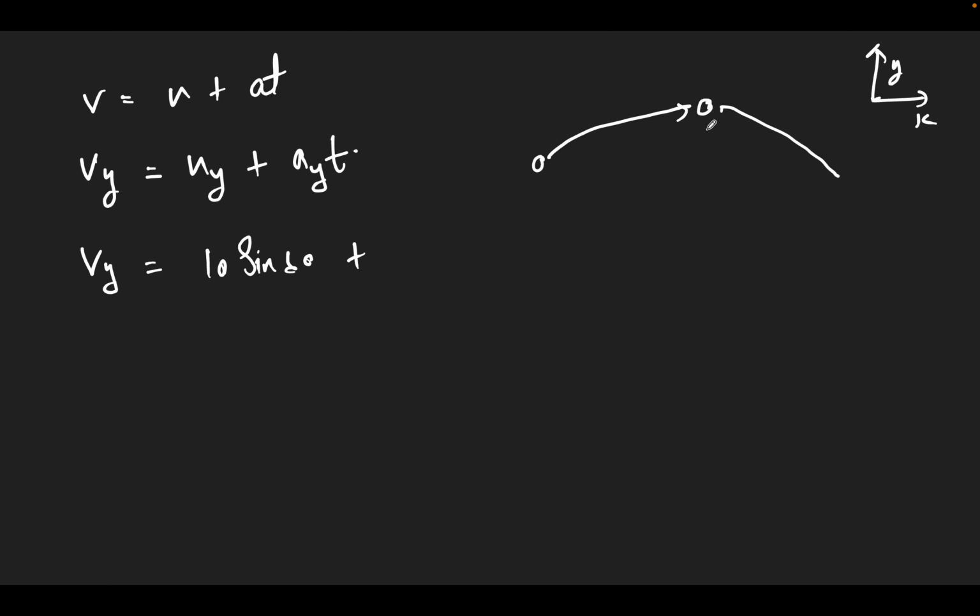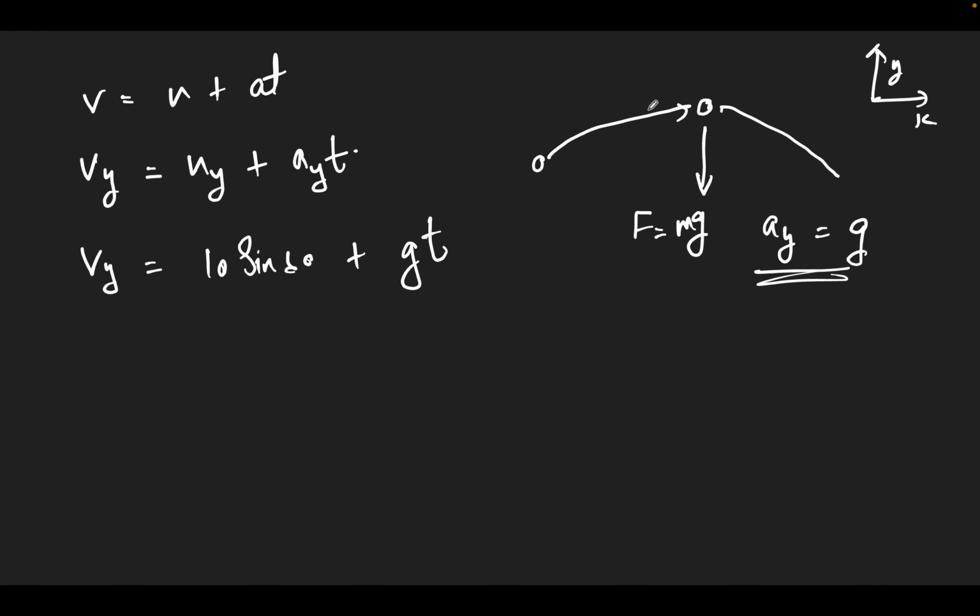There is only one force acting in the y direction, that is the gravitational force. What is the magnitude of force? mg, right? So what is the acceleration experienced by the particle in the vertical direction? It is only g. So ay is g. There is no doubt about it. So plus g into t.